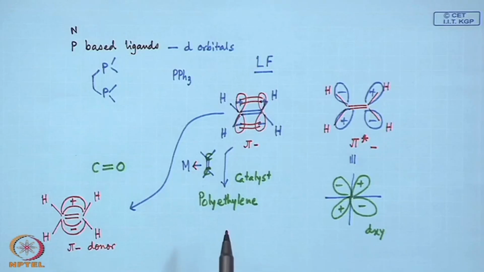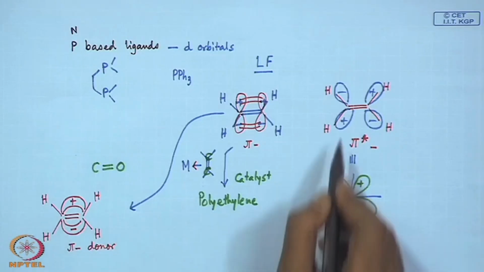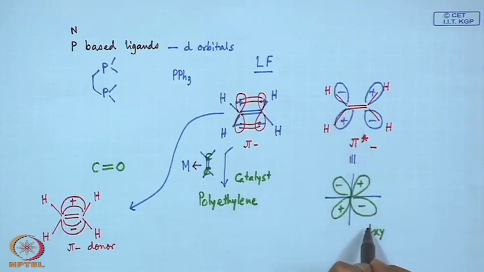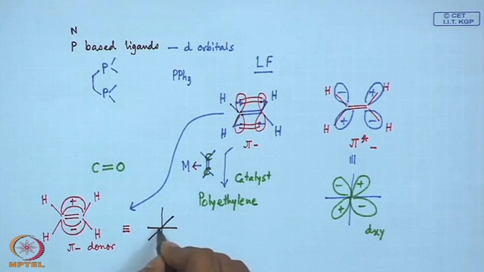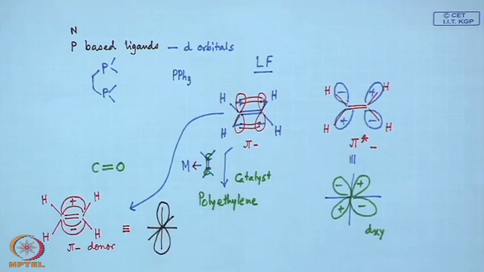So, it will donate the electron density to the metal vacant orbital, and this orbital has an equivalency like the pi star with the dy orbital. This will also have some equivalency with our p type orbital. So, it can very nicely be utilized for donation.